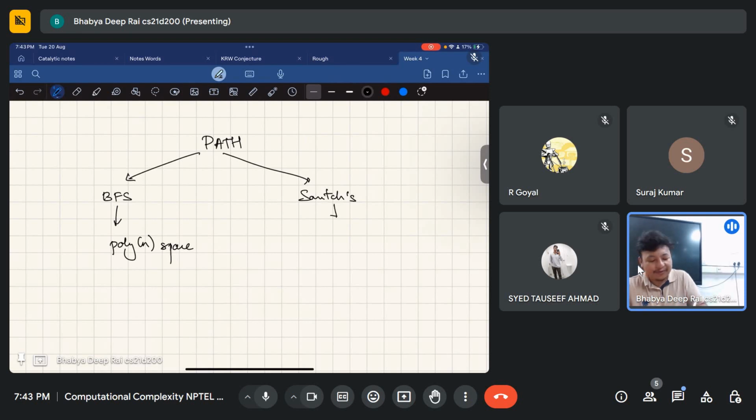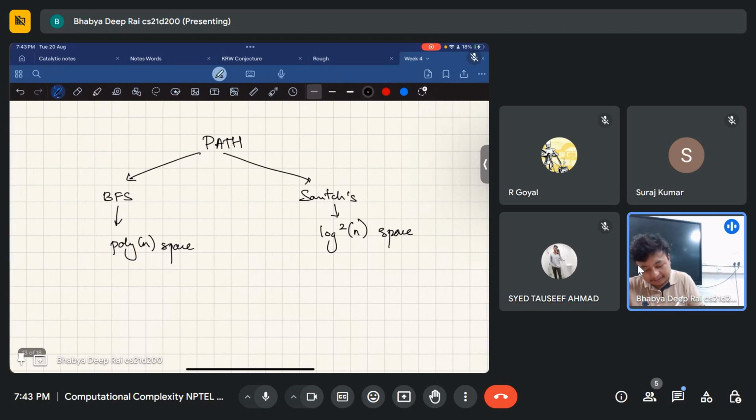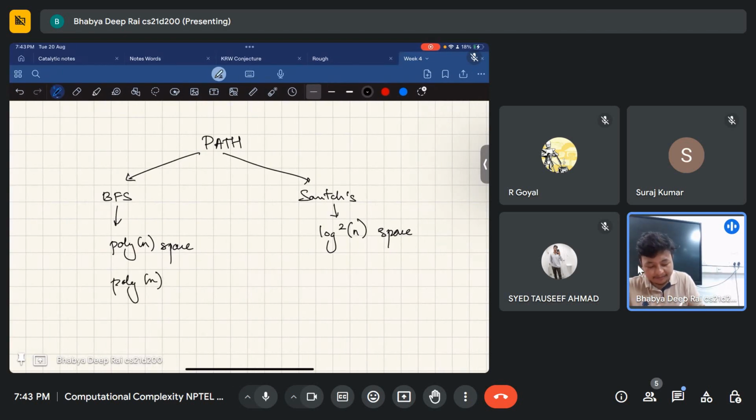And if I choose to do Savage's, it'll take very little space. And how much time will it take? BFS will take less time, polynomial time. But Savage's will take super polynomial time.